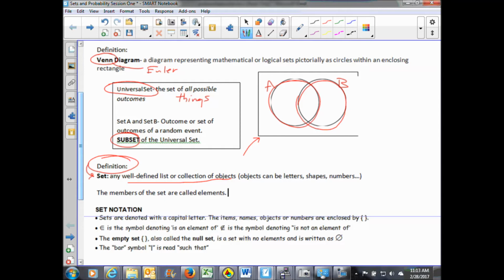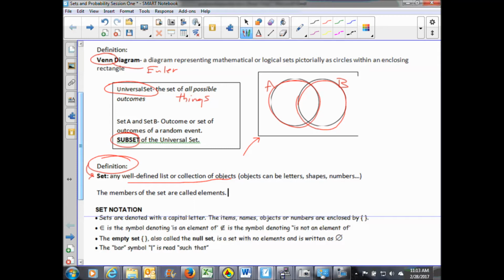A subset is any set that contains only elements from the other set. It can contain all of them, but usually it contains less than all of the elements. So we'll draw the pictures like that.